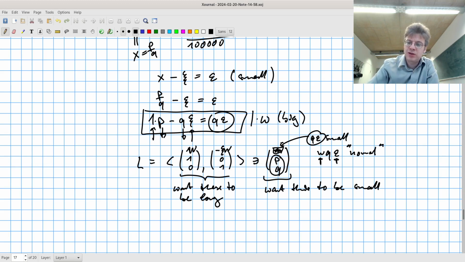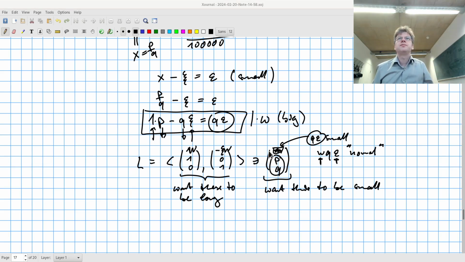So this first component has a size that's the same as P and Q. So they are what they are. In order to have this a small vector, I just have to make sure that I can choose the W bigger, so that these vectors here are bigger than this. And then if I feed this into LLL, this here should come out. So let's see if this works in reality.